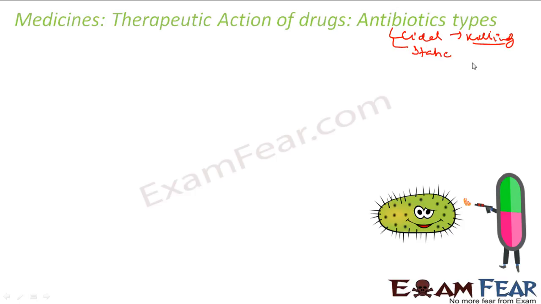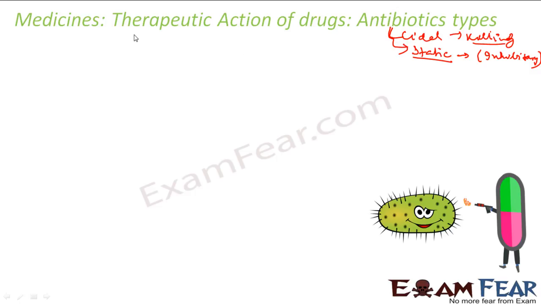And static means you just stop it. Stop it means inhibitory effect, right? Stop the functioning. So either you ask a person to stop what he is doing if that thing is bothering you, or you kill the person. Same thing: either you ask the bacteria to stop what it is doing, the static effect, or if the bacteria is not responding, kill the bacteria. Right?